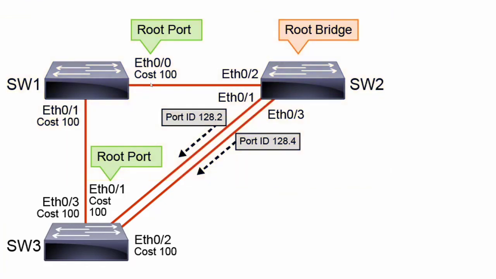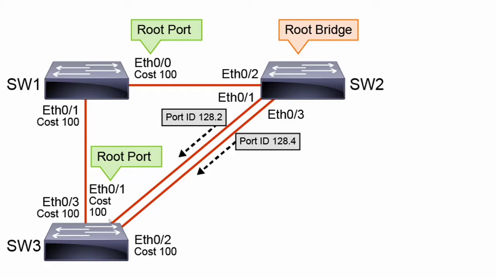Now on switch 3, we've got the 200 going through switch 1, but we only have a cost of 100 going to switch 2 directly. The problem is I have two ports connected to switch 2 with the same cost of 100. In the event of a tie here, I can only have one root port, even though I have two ports with the same cost.